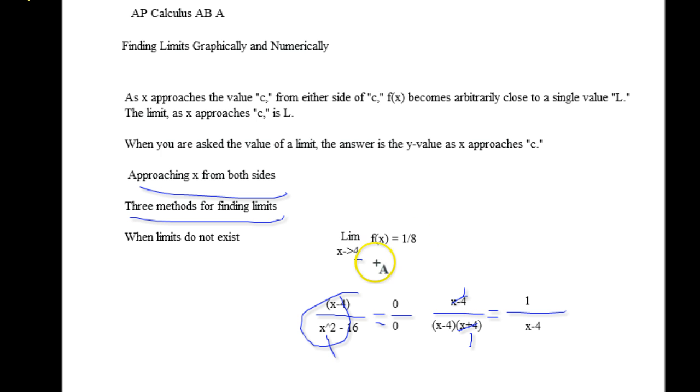I crossed out the wrong one, this should be x plus 4. Now I can take that value of 4 and plug it in here and go 4 plus 4, and that gives me the 1/8.